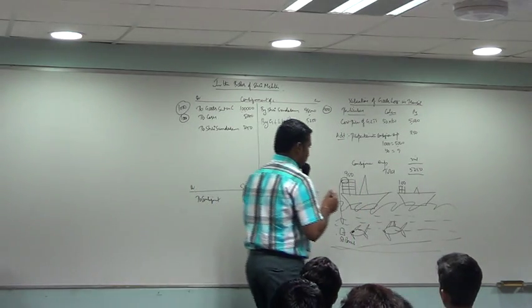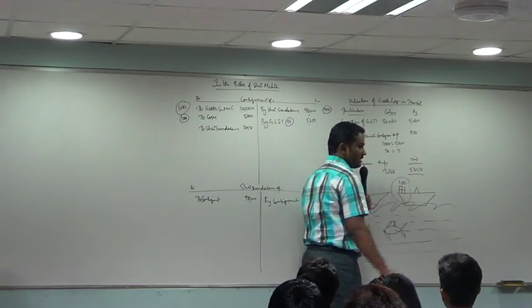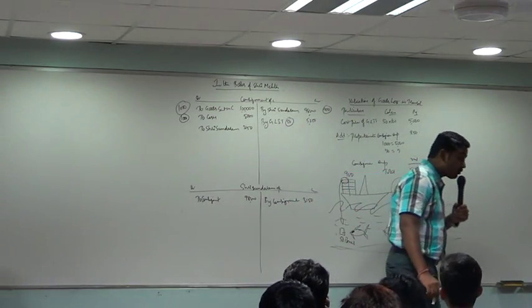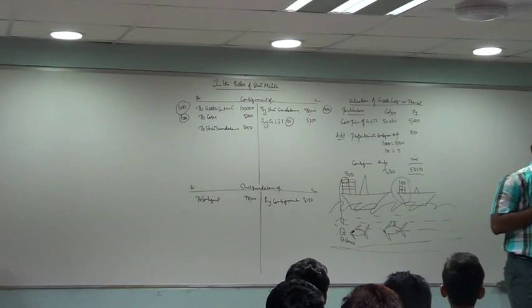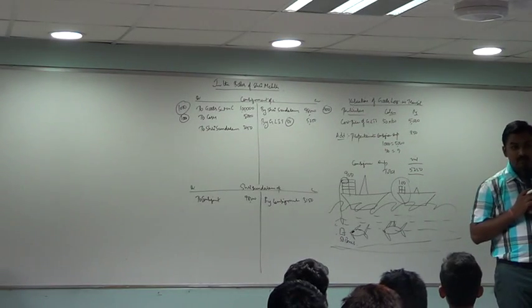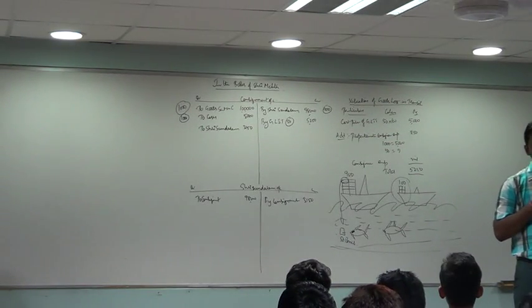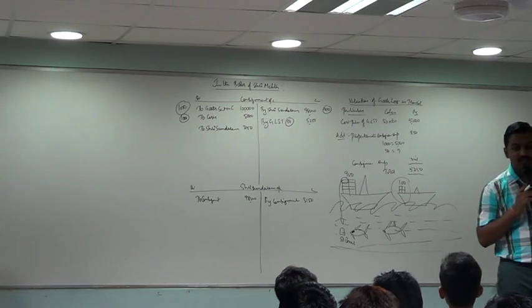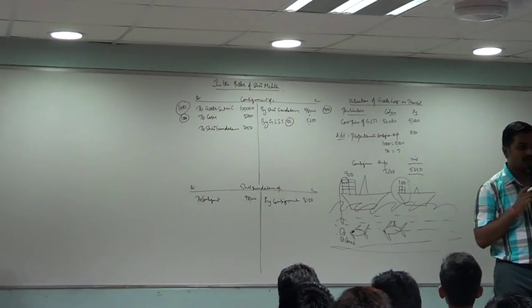Now, my question is, these 100 boxes, are they sold or unsold? They have not reached us. There is no question of selling them. So they are equal to unsold boxes.